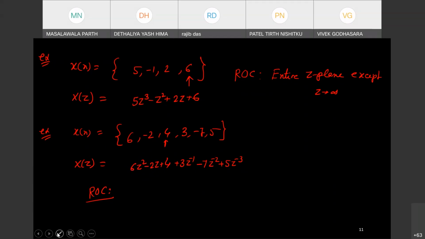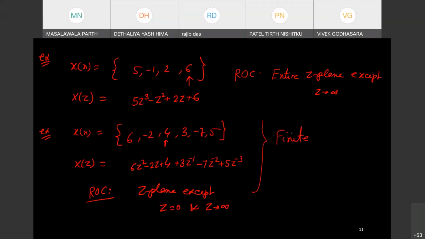So its ROC will be the entire z plane except z equals 0 and z equals infinity. Okay, I hope you have got this concept. This is all about finite length sequences.